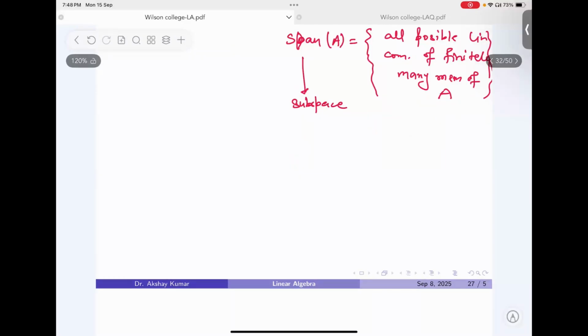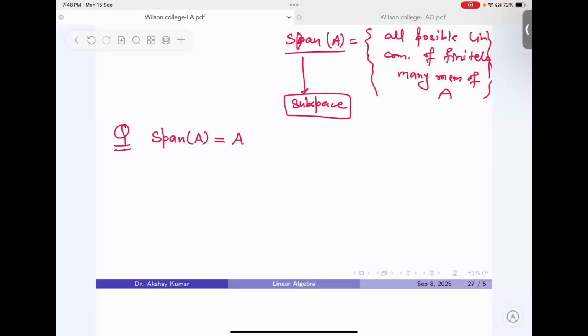Now the question is when the span of A will be equal to A, when both the things will be equal. As I said, the span of A always forms a subspace. So definitely if span of A equals A, then this implies A is a subspace.